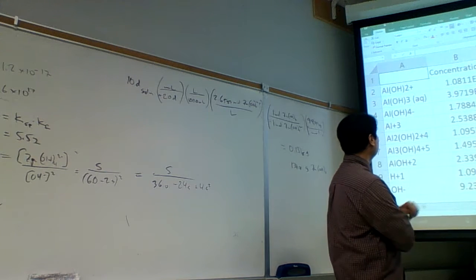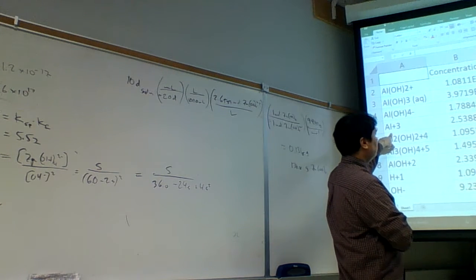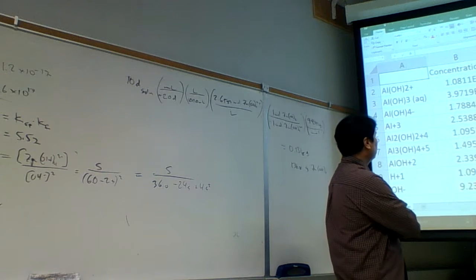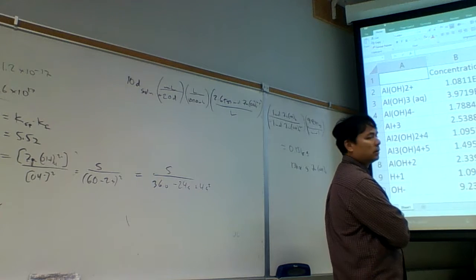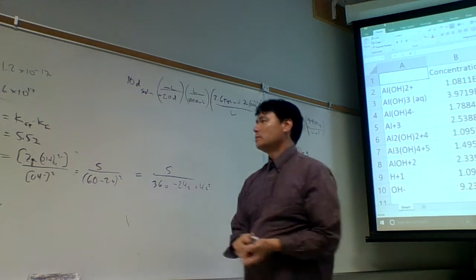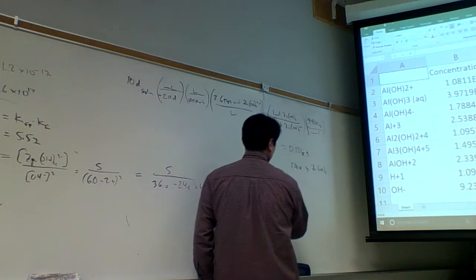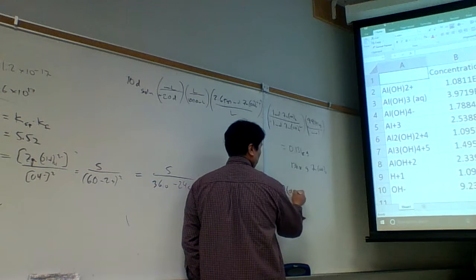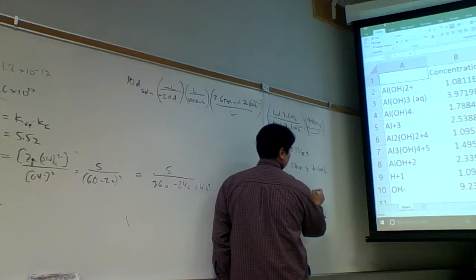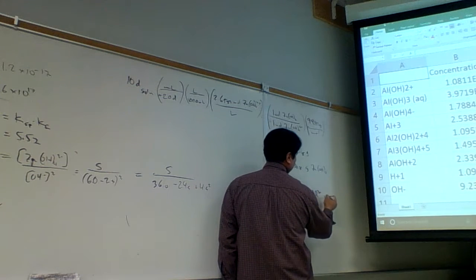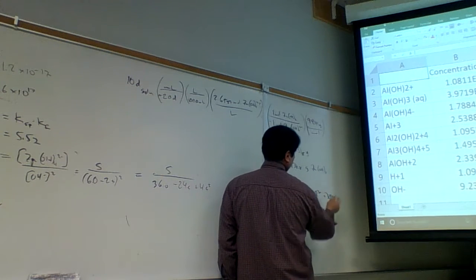Maybe like the free aluminum? In other words, if we dissolve aluminum hydroxide in water, in our calculations, we only look at one species. All the aluminum hydroxide that dissolves goes to form aluminum 3+ and 3 hydroxide.